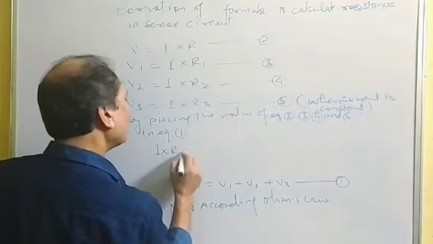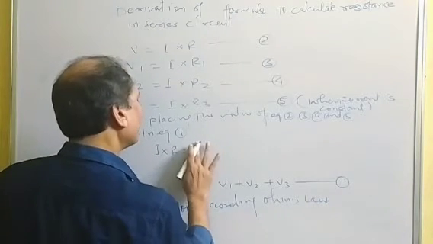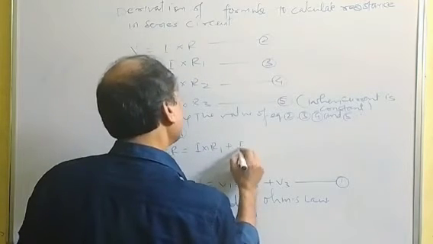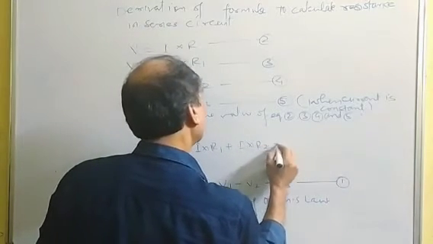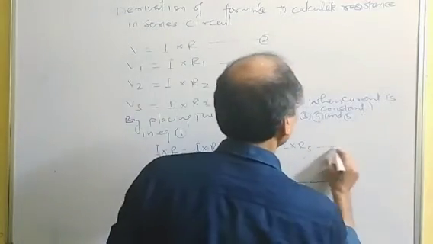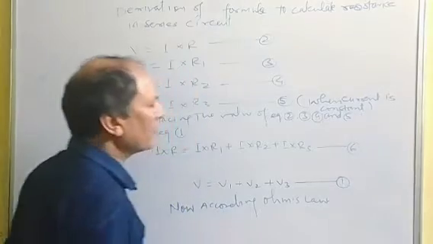I into R equals I into R1 plus I into R2 plus I into R3. Suppose this is equation 6.